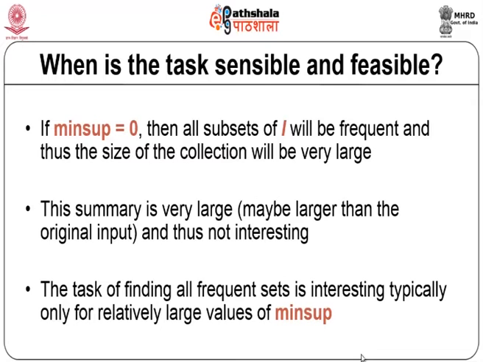So, the summary that you generate will be very large, and thus it will not be interesting. Now, the ultimate task here is, how are you going to set the value for minimum support? If it is so large, what may happen is, none of the items may get selected. So, you will have to be very careful in fixing the value for minimum support.